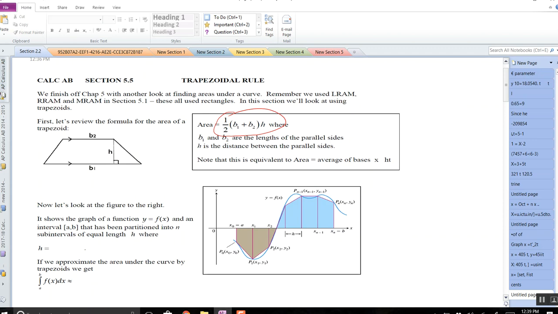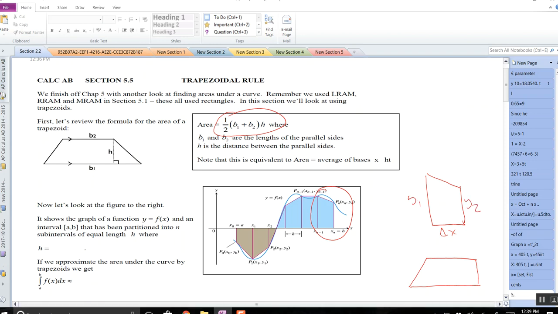Now how does this apply to finding the area between the curve and the x-axis? If you tilt your head 90 degrees, or focus on this figure and rotate it 90 degrees counterclockwise, this is delta x, this is y1, and this is y2.